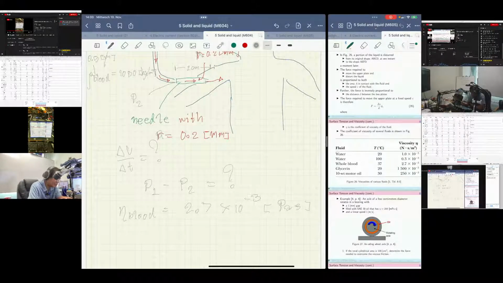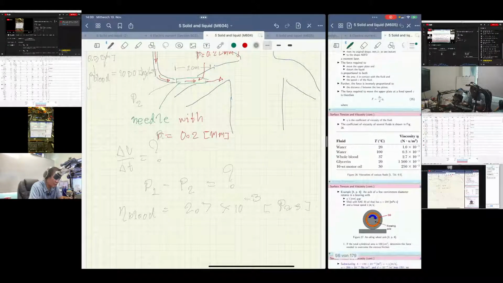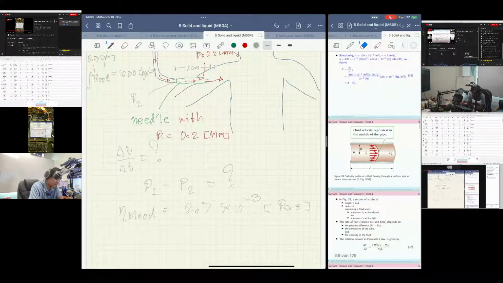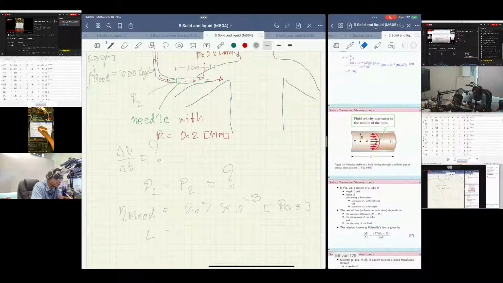And in the Poiseuille formula, we need to know the length, L, which is 2 centimeter, or 2 times 10 to the negative 2 meter, the length in SI units.